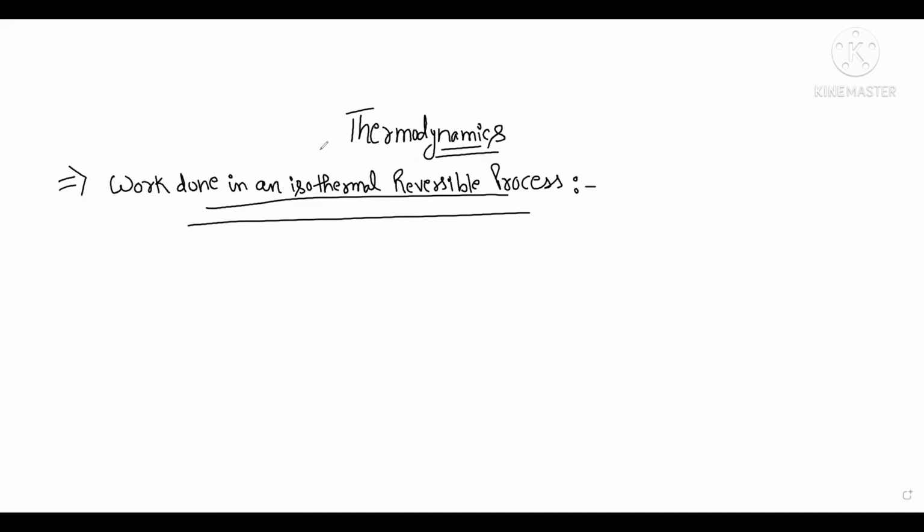First of all, the process is isothermal. We have to remember this: isothermal means at constant temperature. Secondly, it is reversible. And thirdly, it is an expansion, so the gas is expanding. Since there is an expansion, there will be a change in volume.